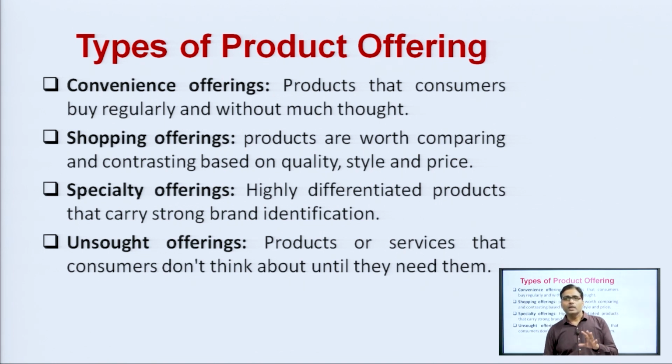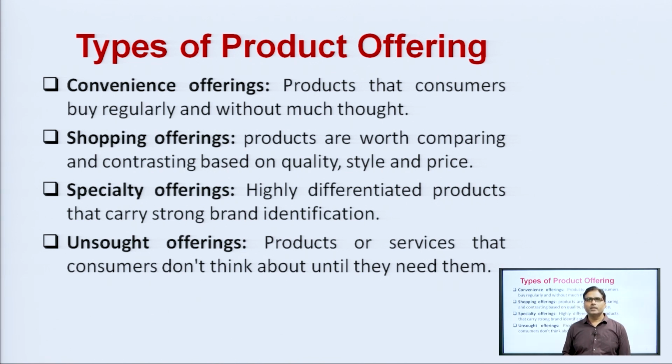See, here different consumers are different in their buying pattern. For some consumers, specialty offering and unsought offering or shopping offering may be different. If for one customer medicine may be an unsought offering, if they require the medicine only then will they purchase, otherwise they will not.